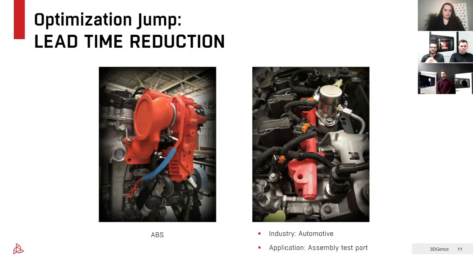This company employed engineering grade material 3D printing, ABS and polycarbonate, to print the elements before they could actually get the real part and create the whole assembly line, the whole assembly plan. Basically, they went down to production optimization, all based on 3D printed parts.